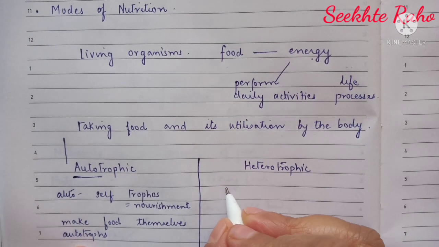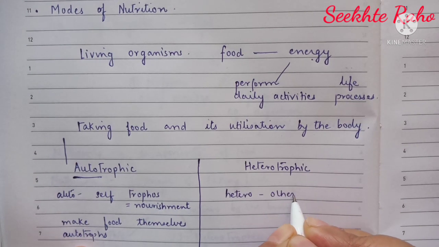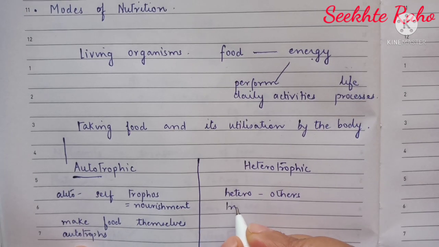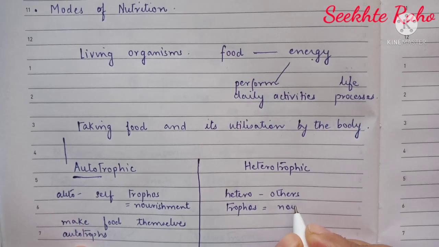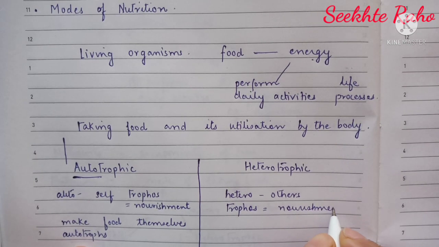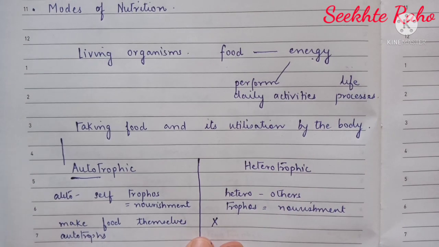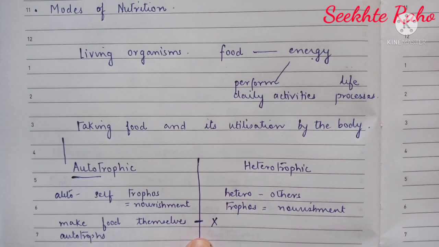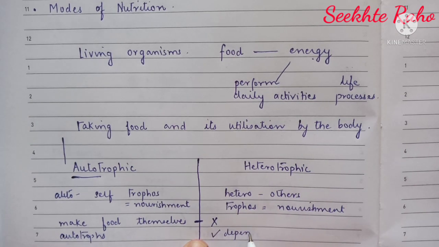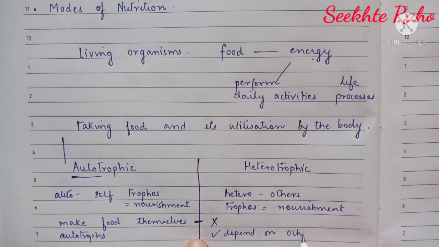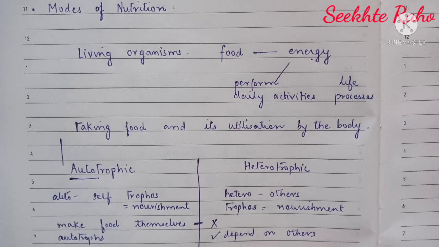Heterotrophic, hetero means others, trophos means nourishment. These organisms do not prepare food on their own, but they depend on other organisms like plants and animals.